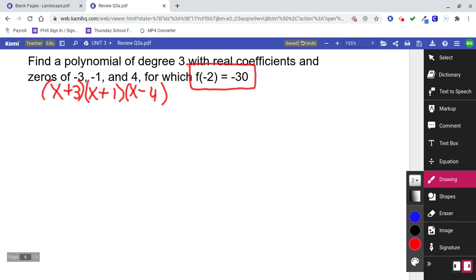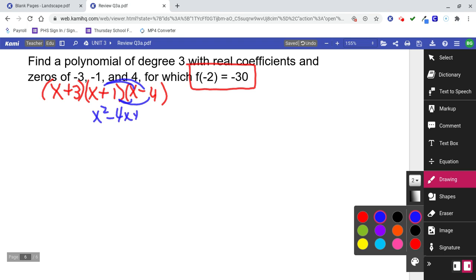I think a lot of people will know to multiply that out and see what we get. So let's do that. Let's start with that. Distributive property. And then we have to multiply times x plus 3.